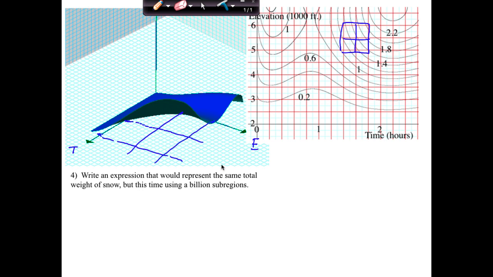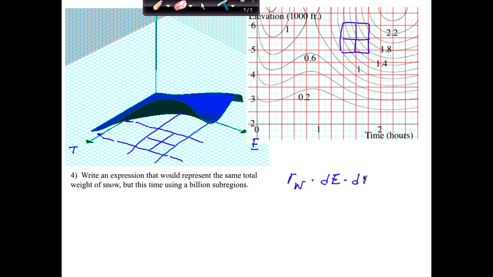Nice and big. Okay, so there's that same square right here, right? It's from 1.4 to 1.8 this way, and from 5 to 6 this way. And so what do we do in each quadrant there? In each quadrant, we multiplied the rate of change, R sub W, times a dE, times a dt.